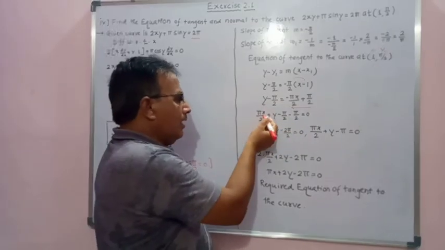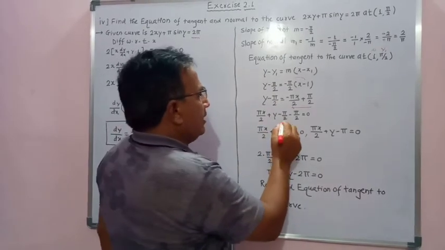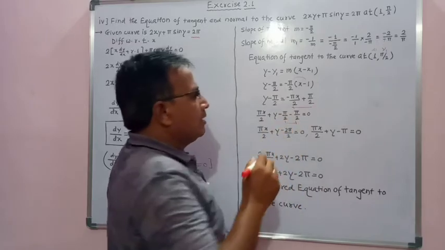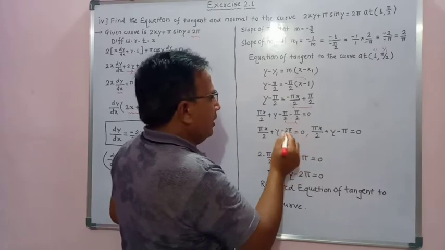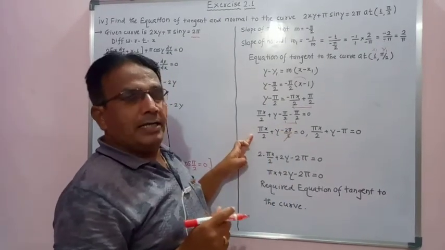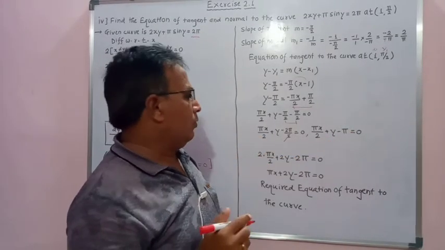Therefore, pi x divided by 2 plus y, and adding minus pi by 2 and minus pi by 2 gives minus 2 pi by 2. This 2 and this 2 are cancelled. Pi x divided by 2 plus y minus pi equal to 0.